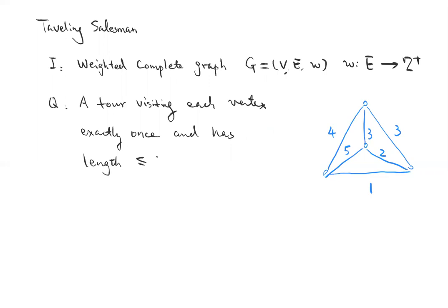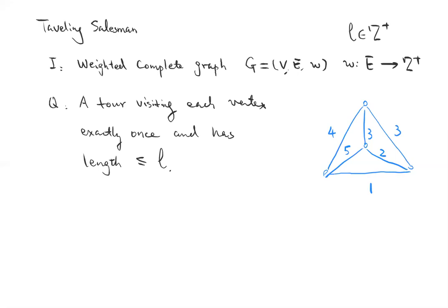Let's use a big one, maybe L. So for input, other than this, we also have an integer L. It's very similar to an Eulerian cycle, but now we want to visit each vertex exactly once.